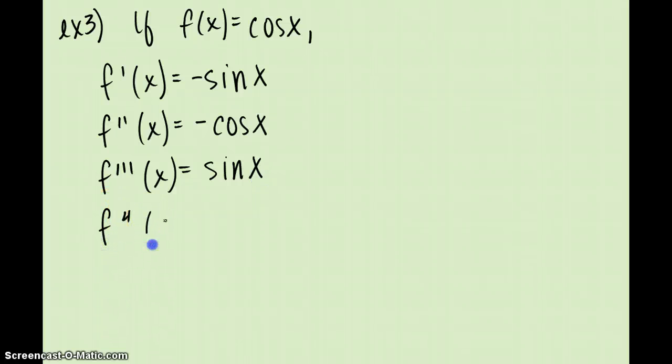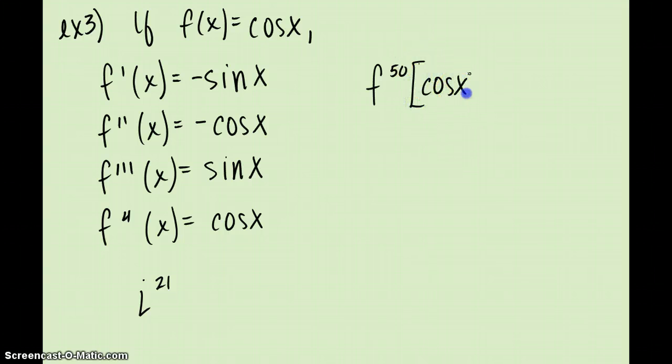And then the fourth derivative is positive cosine x. If you remember this type of behavior, say you were asked for something like i to the 21st power, last year from pre-calc, we can use that same modular, is what we refer to it as, to find, if I ask you, the 50th derivative of cosine of x.